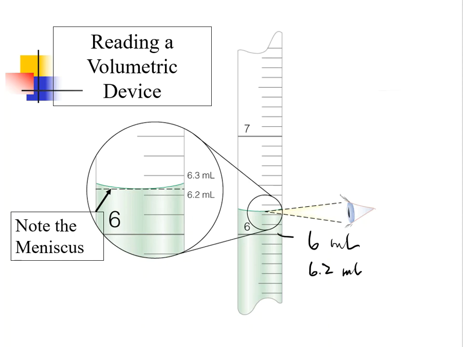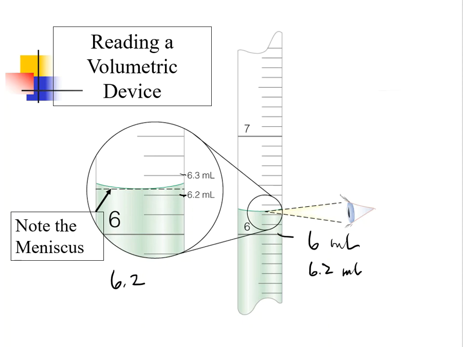All right. Then another smart alecky person can get behind you and say, well, I'm better than that. I can do better than 6.2 milliliters. And they're going to look at this a little bit closer, between 6.2 and 6.3. And they're going to say, you know what? I think that we can round this off. So there's 6.2. It looks like it's a little more than 6.2, but it's not quite yet 6.3.